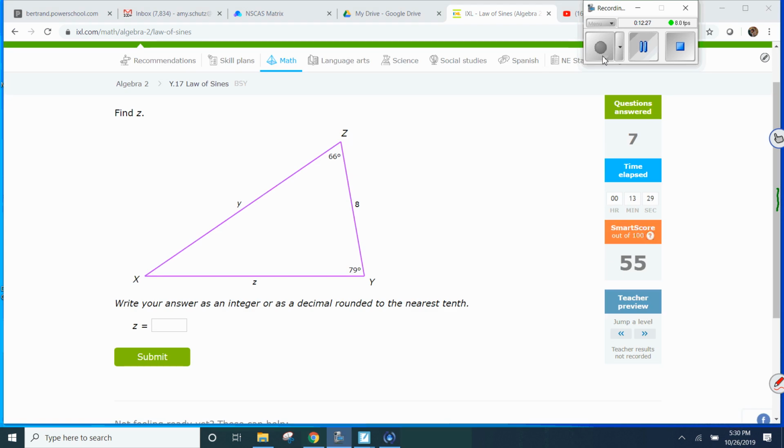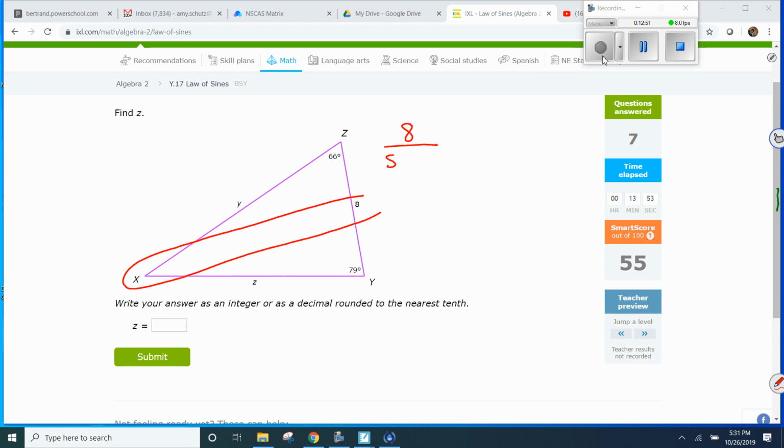Okay, here's another one. Not quite the one that I was thinking of, but once again, if you look for pairs, you have 8 and an unknown angle measure. So it's 8 over the sine of x, that's x degrees there.